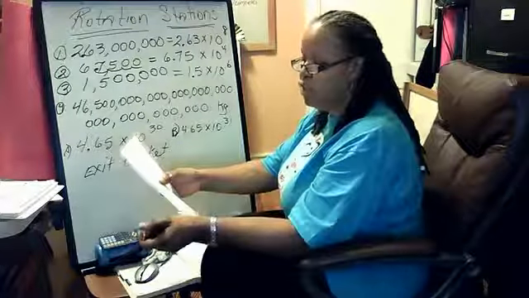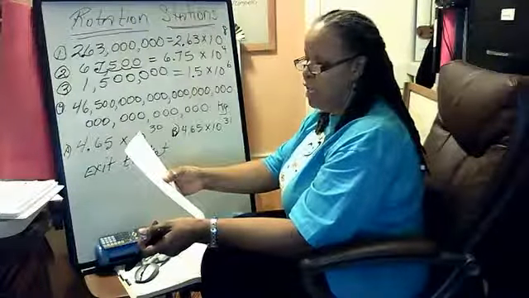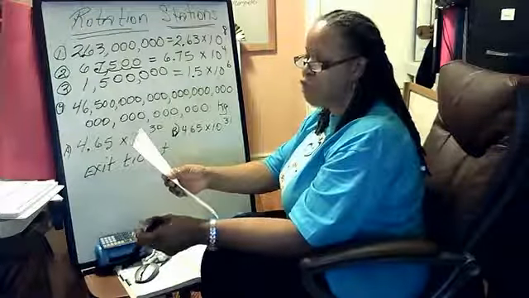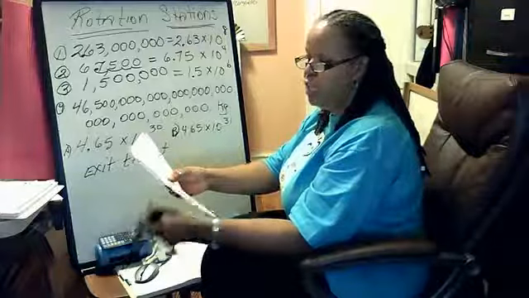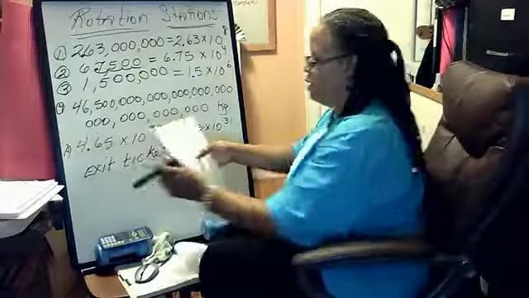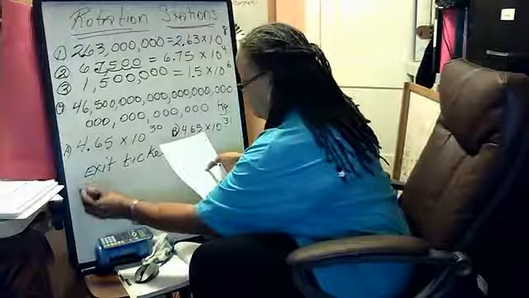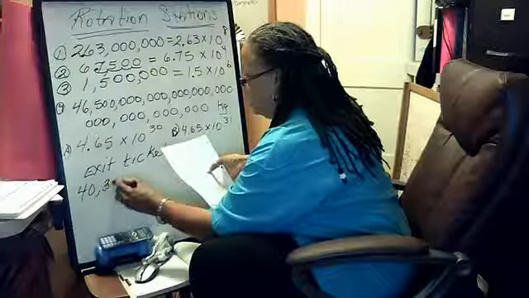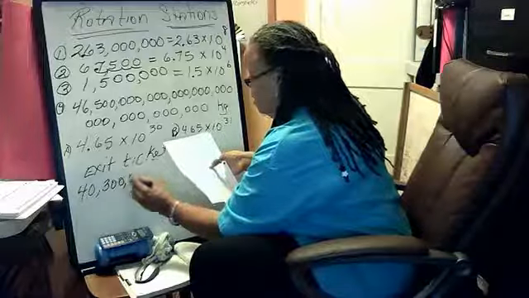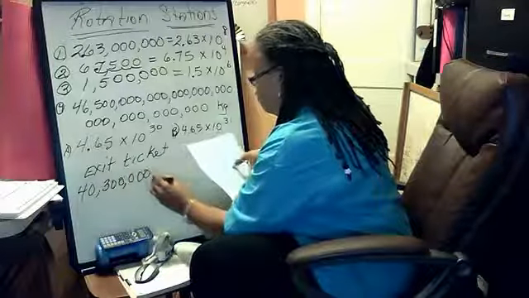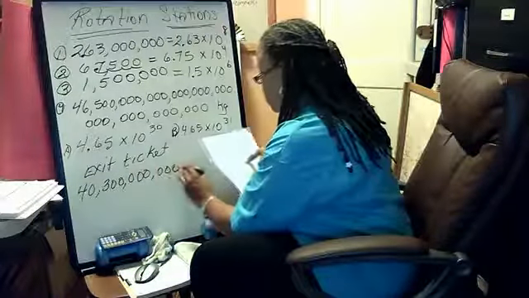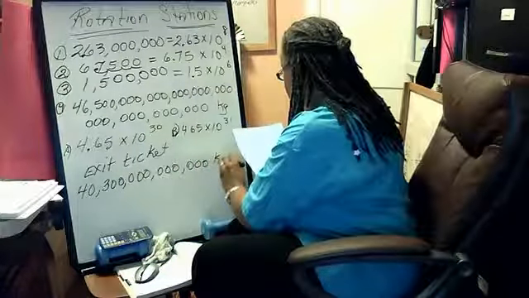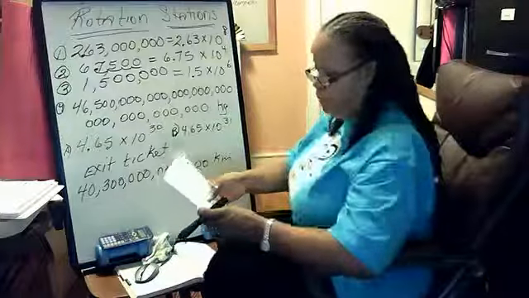The nearest star beyond our sun is the very faint Proxima Centauri, which is, oh my goodness, let me write this number. 40,300,000,000 kilometers from the sun.